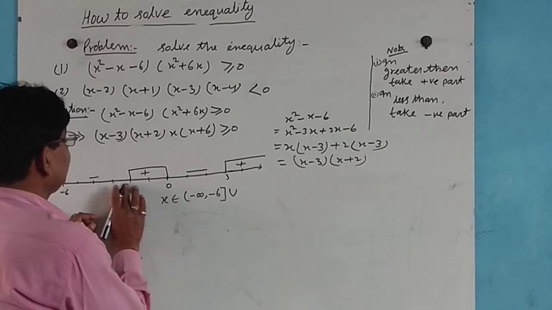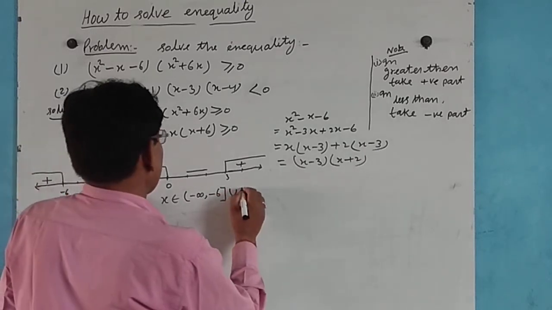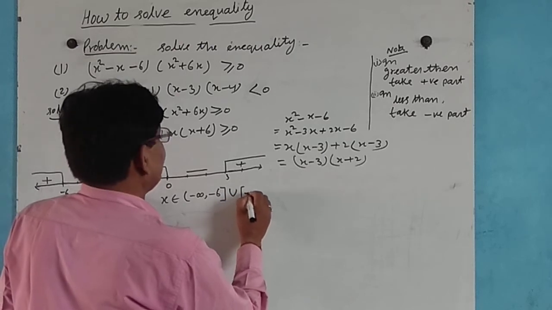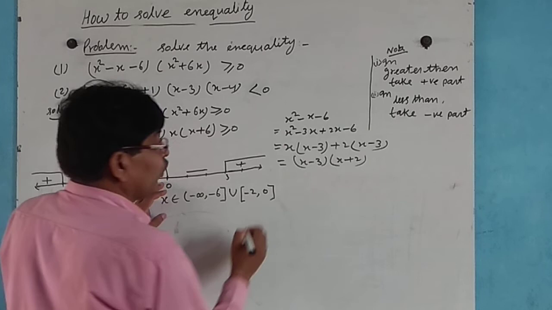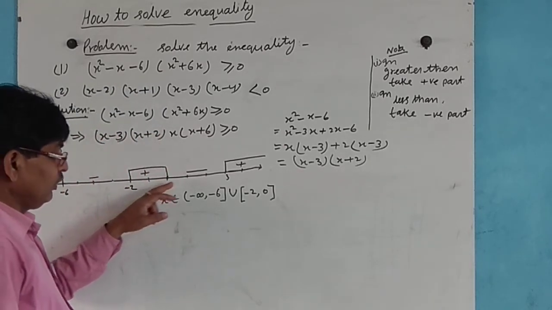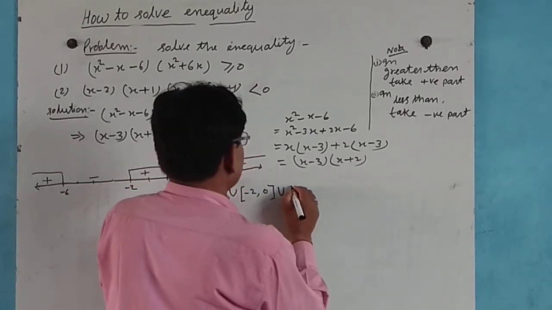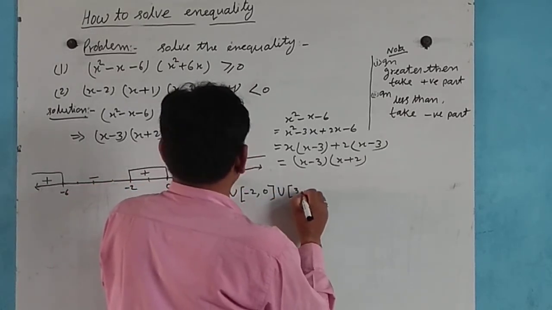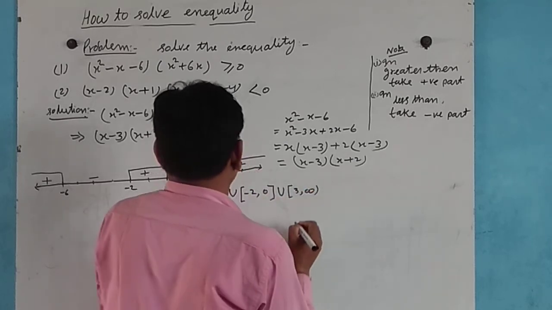This part is negative, and union 3 to infinity, open interval.